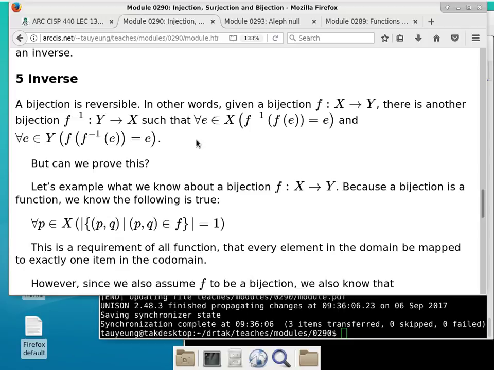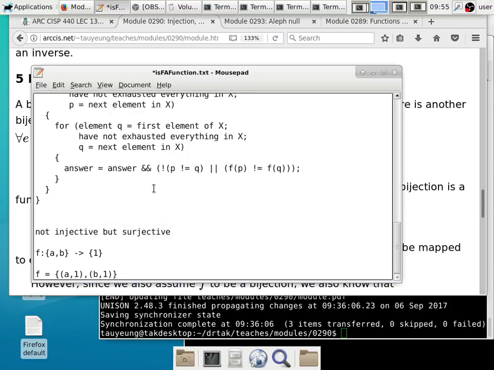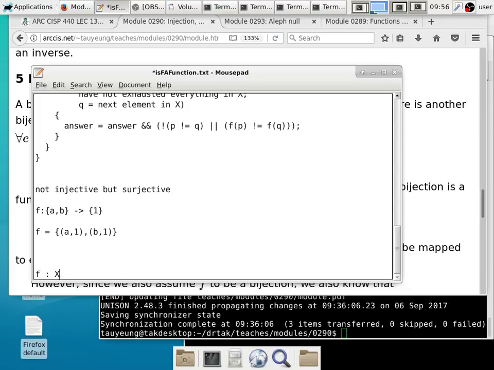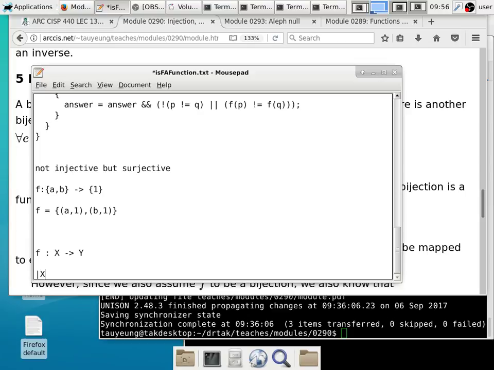Okay, so let's look at it from the perspective of just f. Let's look at the three cases. So we look at f, which maps from x to y. Let's look at the case where the cardinality of x is greater than the cardinality of y. What does that imply? It implies one of the things cannot be possible.